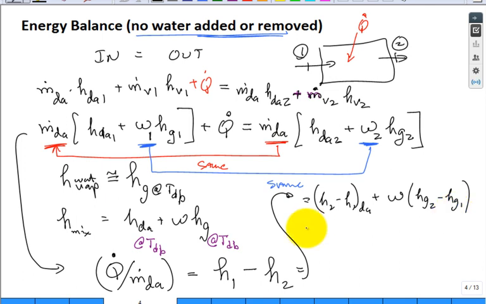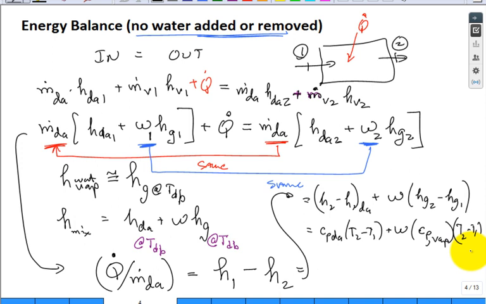And then you could say, well, this is specific heat at constant pressure of the dry air times the temperature change. Absolutely true. And this is just humidity ratio times, and I've seen some people do it, they'll get a specific heat for the water vapor in that temperature range, and then multiply that by a delta T, T2 minus T1.